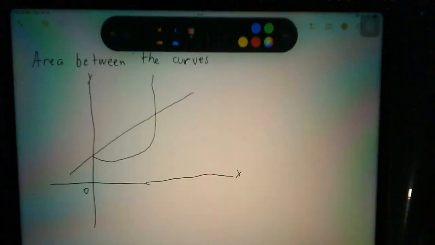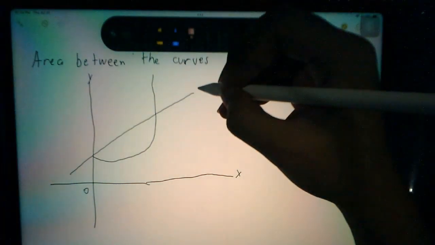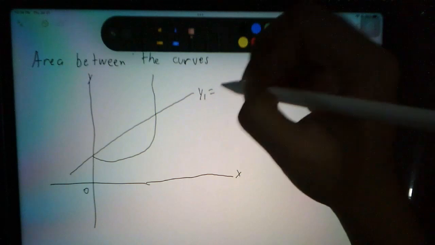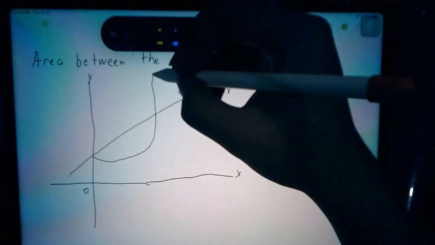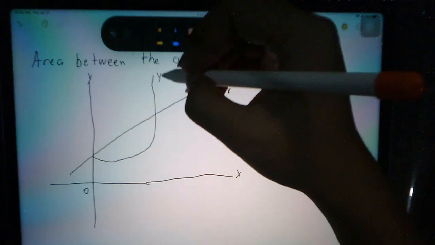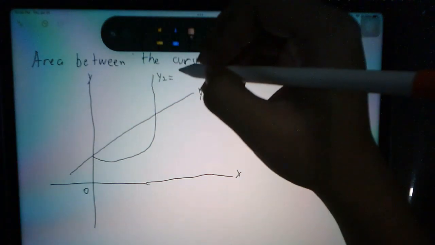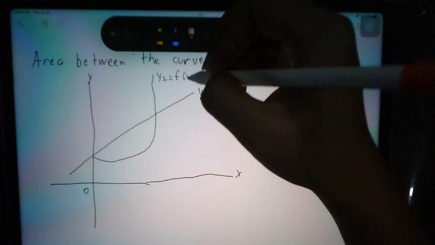Let's say this is our first curve, y1 is equal to f of x, and this is our second curve, y2 is equal to f of x.